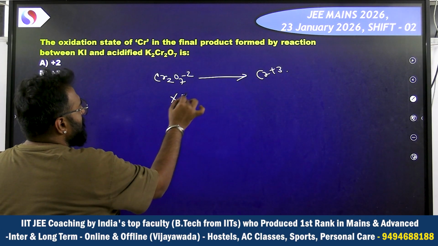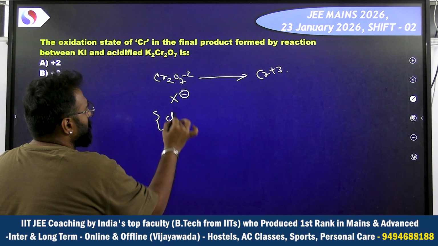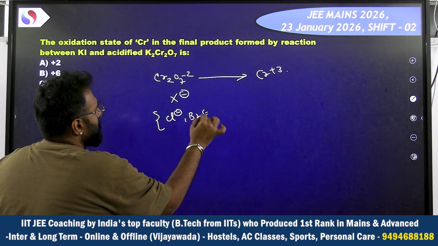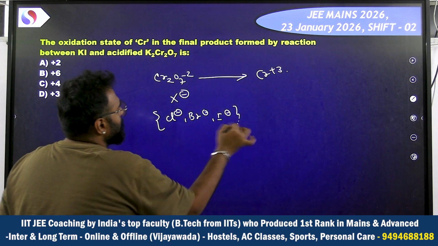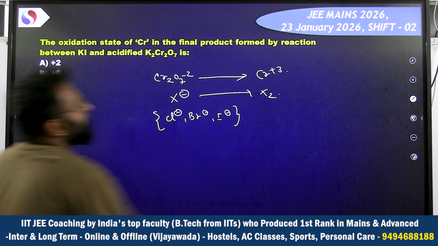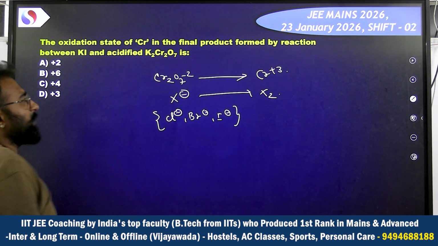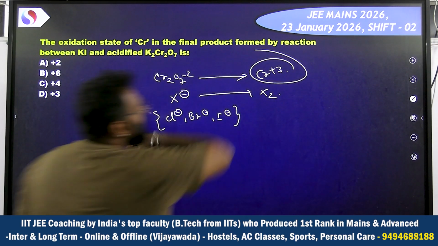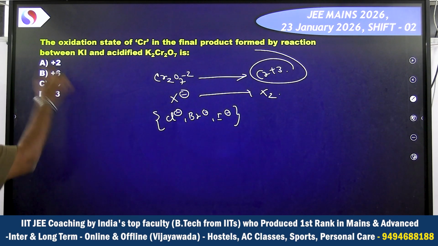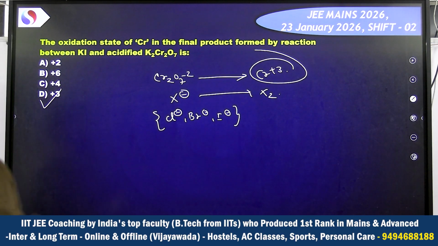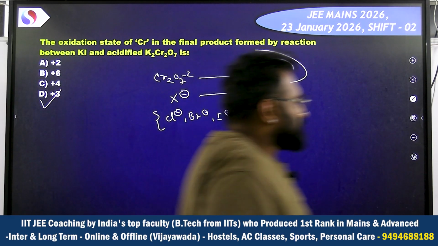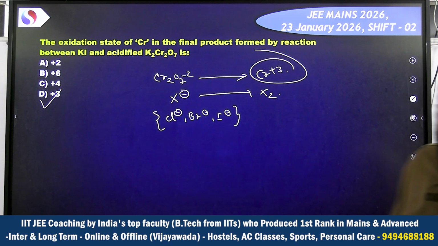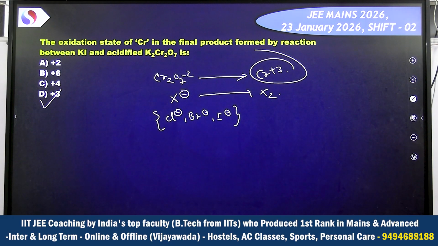And whenever any halogen, which includes chlorine, bromine and iodine, is oxidized, it will convert itself into X2. So what the question is saying, the oxidation number of chromium in the final product. Oxidation number will be plus 3. Direct NCERT line question. Nothing to worry. This is a direct question. Next.